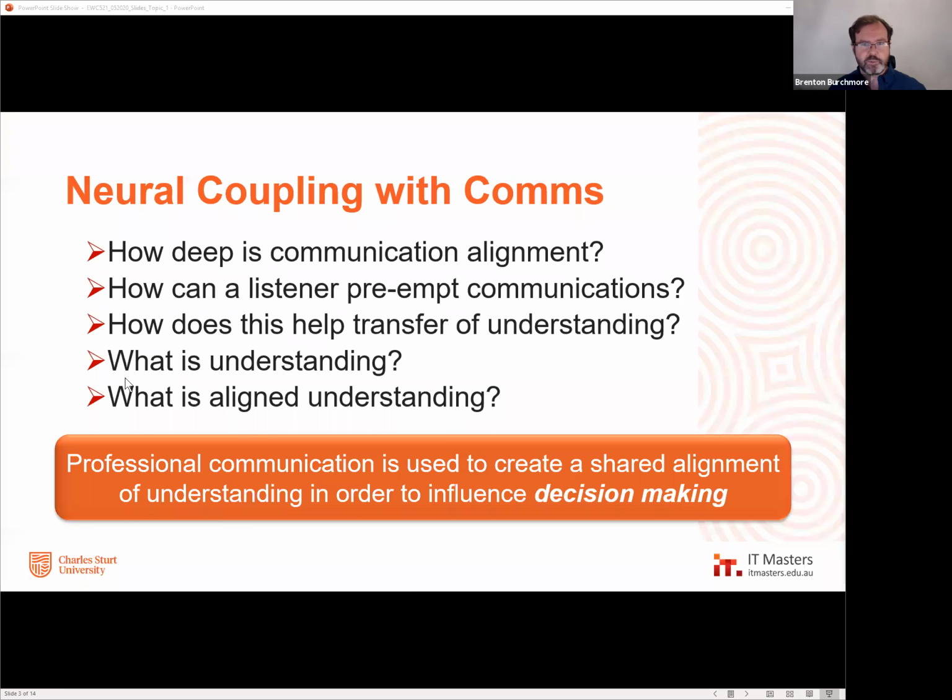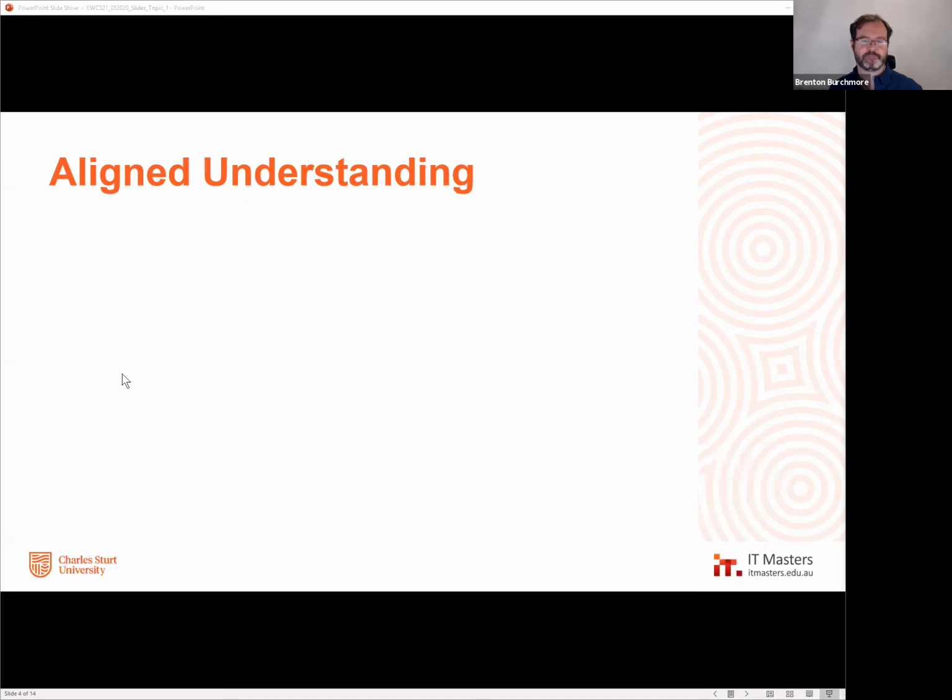So when we communicate and we try to get an aligned understanding, which is the goal of professional communications, what we're aiming for as our test is how well that will influence decision making. The recipient's decision making, the person or people that we're communicating with, they're going to make decisions. How they make them and how well that leads towards the outcome that we're looking for, that's the real test. Now that's a high benchmark to reach.